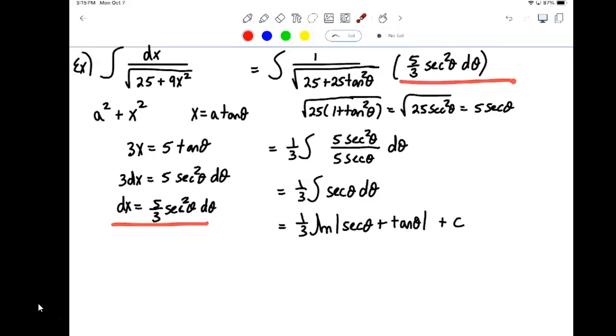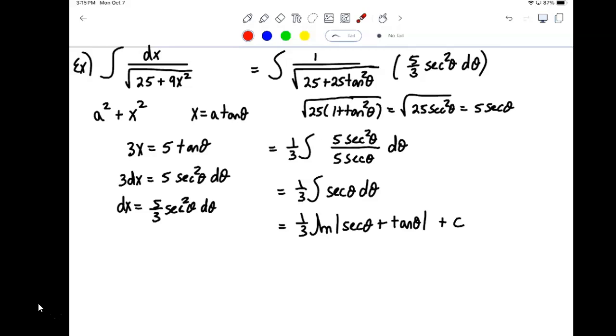And of course that transforms this to 25 plus 25 tangent squared. Pull out the 25 and use our trig substitution. We get 5 secant theta, which will cancel with the 5 secant squared. Of course, the 1/3 I left out front left us then with an integral of secant, which we know is 1/3 the natural log of secant plus tangent.